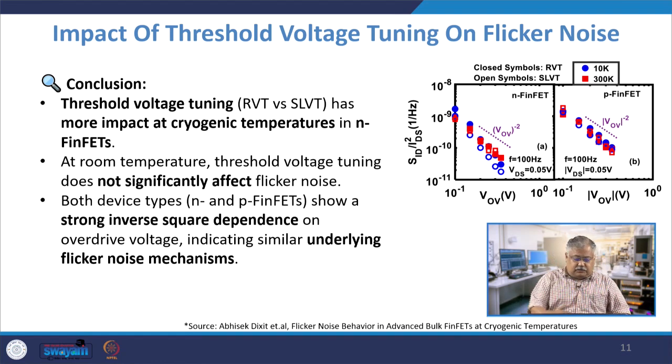And as I discussed with you even in the previous slide, both N FinFET and P FinFET, for that matter N FET and P FET bulk also, will show inverse square dependency on the overdrive voltage, right. And therefore, the primary reason can be found out by the enhancement of the charge carriers, right, or the generation of the charge carriers at such a low temperature. So, that is the basic impact of threshold voltage tuning on the flicker noise.